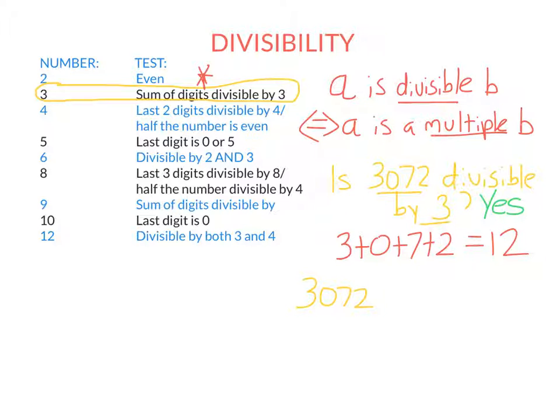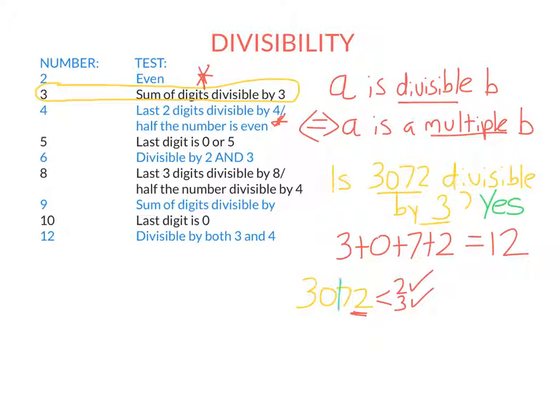So of course 3072, the last digit is 2, therefore 3072 is even, so yes, it is divisible by 2. We already know that it's divisible by 3. Now, is 3072 divisible by 4? So let's look at the test for the number 4 here. It says either the last two digits are divisible by 4 or half the number is even.